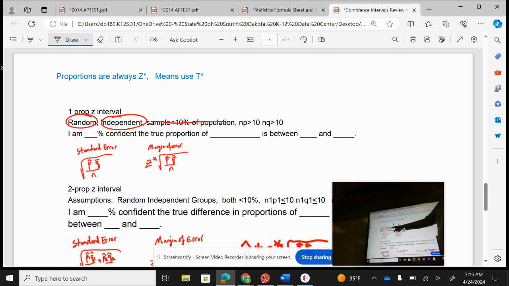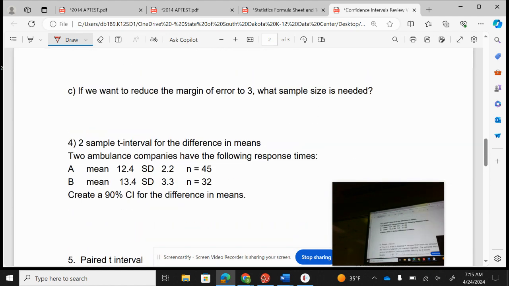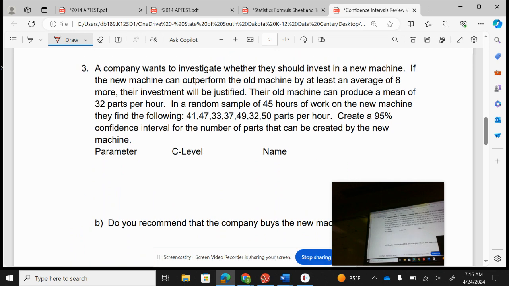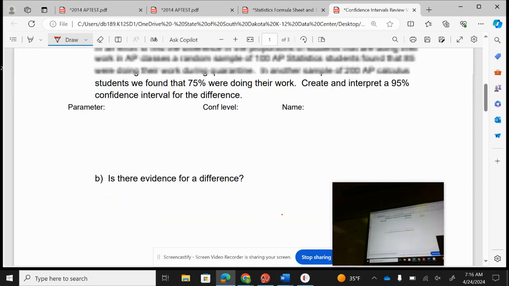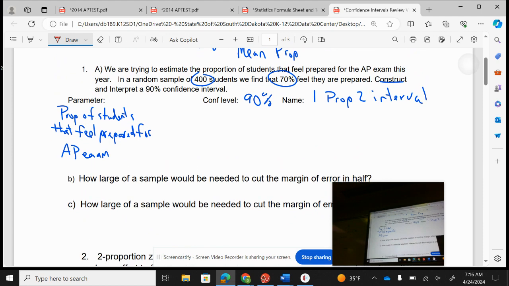Then you have this sentence, I am such and such percent confident the true proportion of something is between something and something. Okay, so I'm not going to go through this every time, but I will look at the formula sheet, but let's jump in.